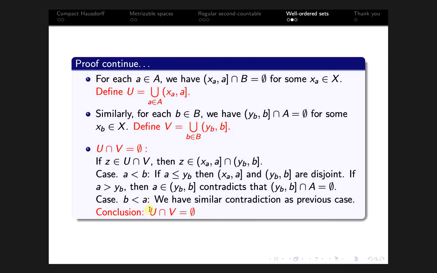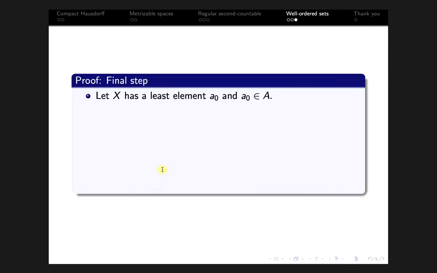So this proves the first case, when the least element of X, which we denoted by a naught, is not a member of the closed sets A and B. So in the final step, we consider X with the least element a naught being a member of one of the closed sets.